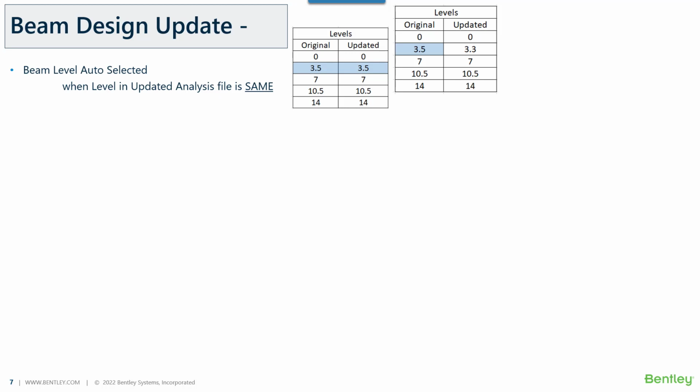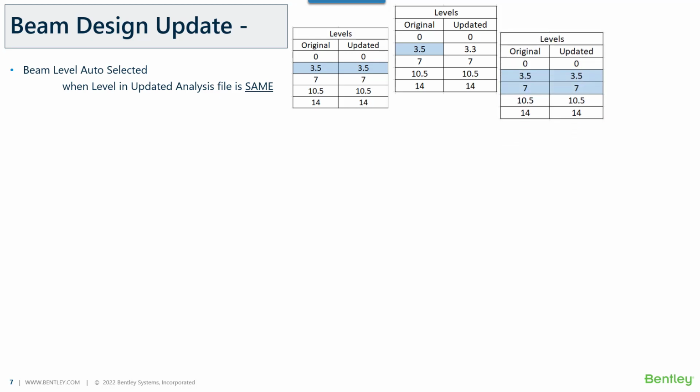Then let us come over to what happens when we are grouping the levels. If we have grouped two levels in the original file and the same levels are also present in my revised analysis file, then both the levels will be auto selected, and vice versa. If the coordinate has changed or the story label has changed and we want to group the existing stories, then we have to select it manually.